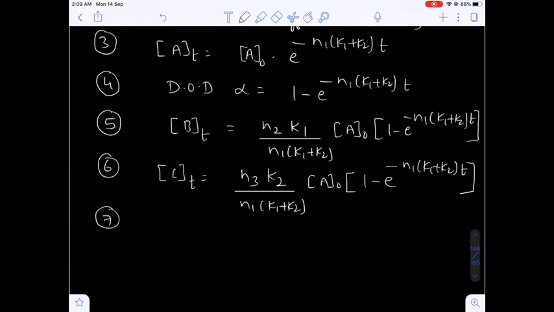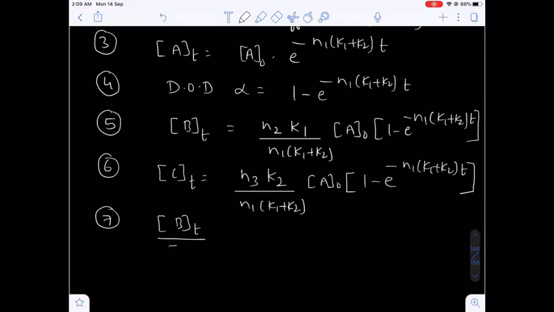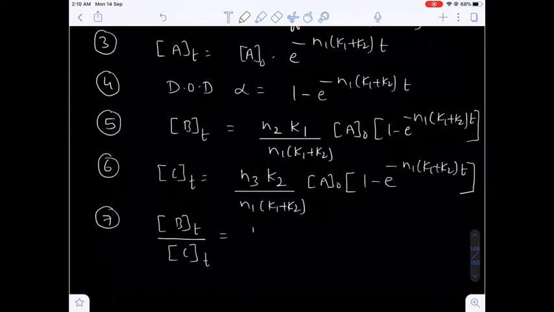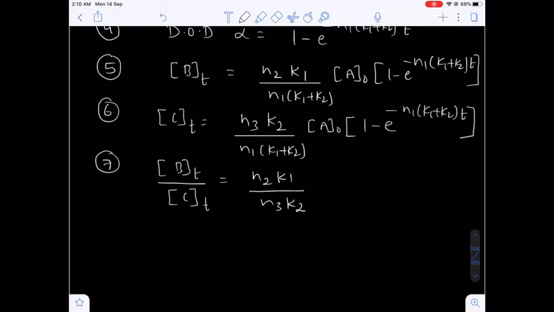Next, one more important point: the ratio between the concentration of product B and the concentration of product C at a certain time interval T. From equations 5 and 6, on the right side, A0 gets cancelled, 1 minus e to the power of minus N1 (K1 plus K2) T cancels, and the denominator N1 (K1 plus K2) cancels. So finally you will get N2 K1 upon N3 K2. The next very important point is the percentage of B in the mixture.